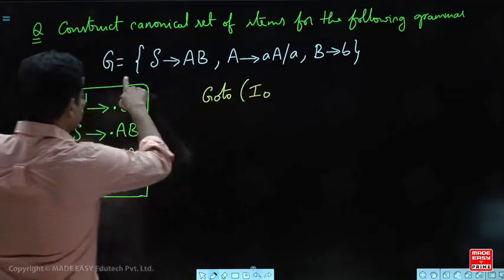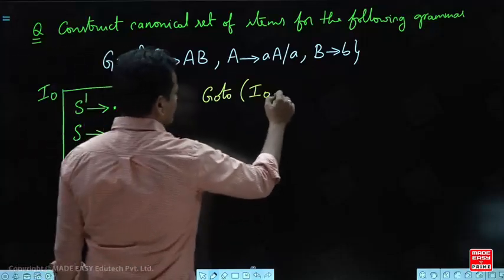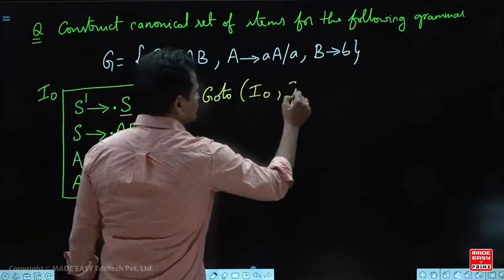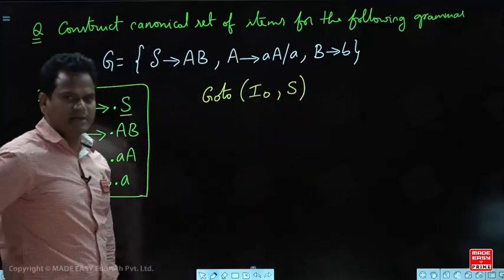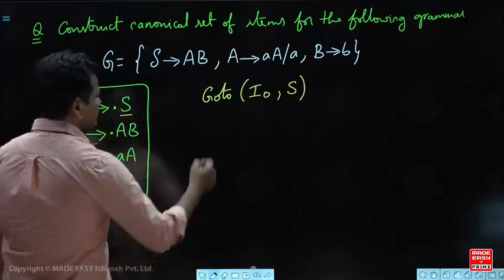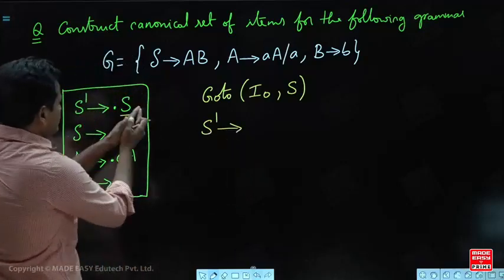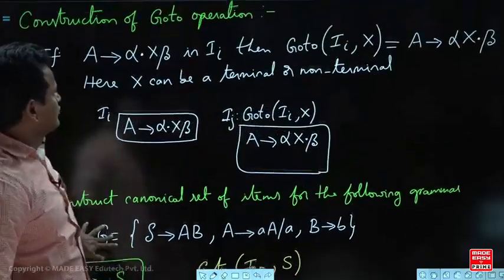So goto of, what is the name of the state? I naught. And what is the shift symbol here? Yes, S. So goto of I naught comma S, I am writing. So what is the meaning of goto? Just move the dot. I told you, move the dot.